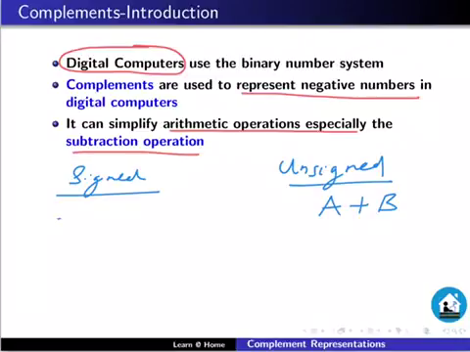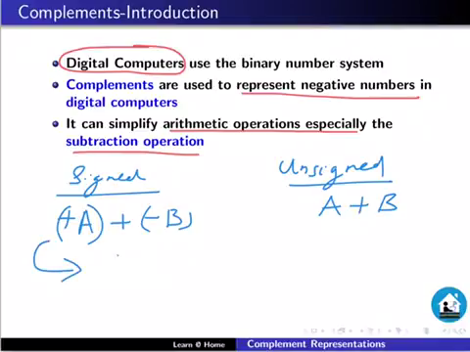So it means that I can write plus a plus minus b. This means that I am representing the signs as well, so this is actually nothing but a minus b.